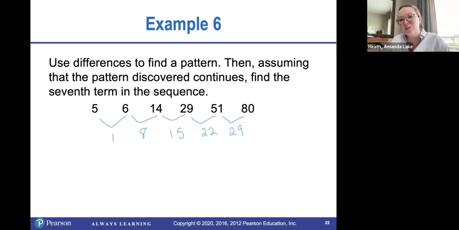But one strategy you could try, if you're given a pattern that you can't seem to identify as arithmetic or geometric, is to look at the patterns of the patterns.